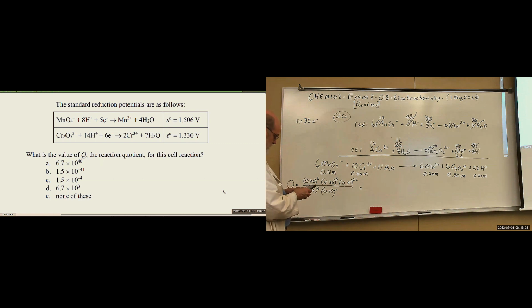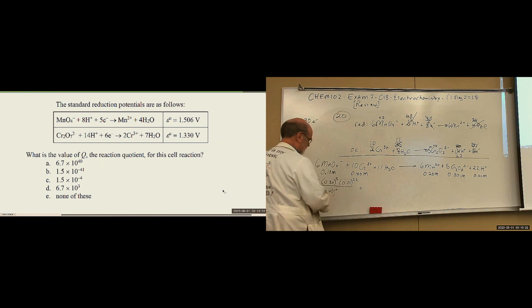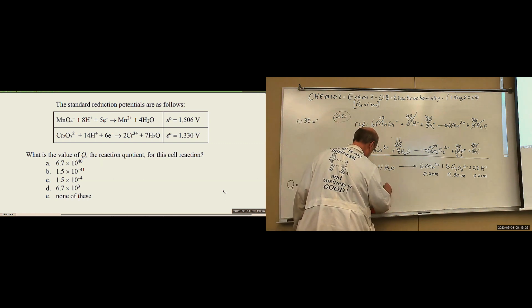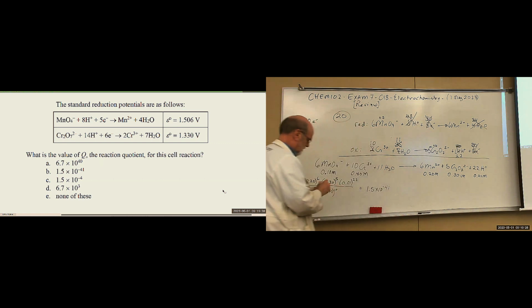Okay, 0.1 to the 6th power. Divide that into it. 0.4 to the 10th power. Divide that into it. 1.5 times 10 to the minus 41. Yeah, there we go. That's the Q.